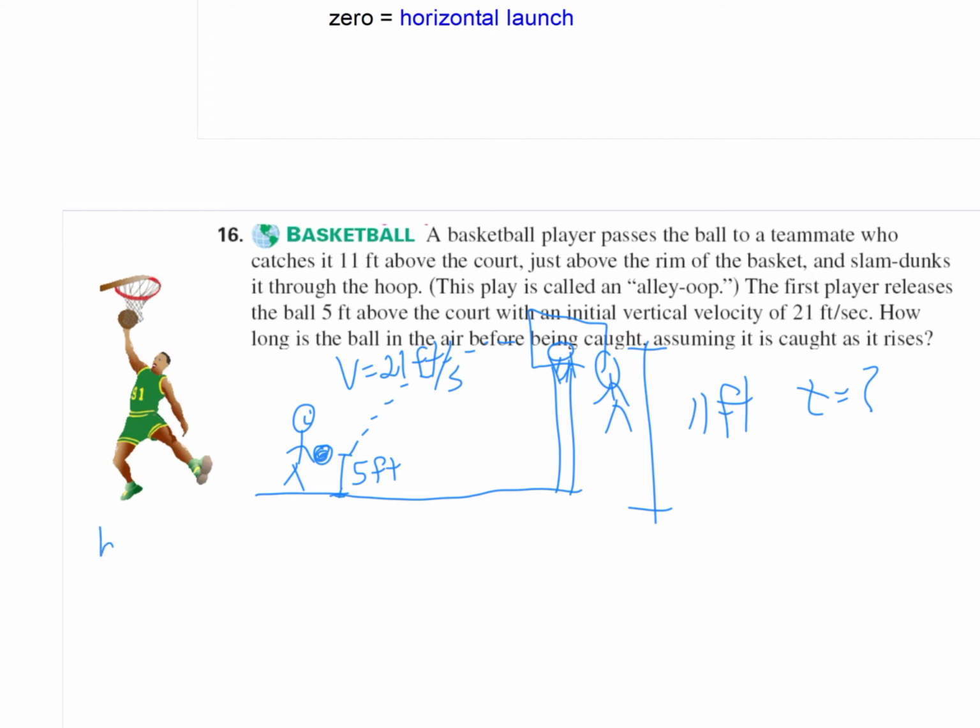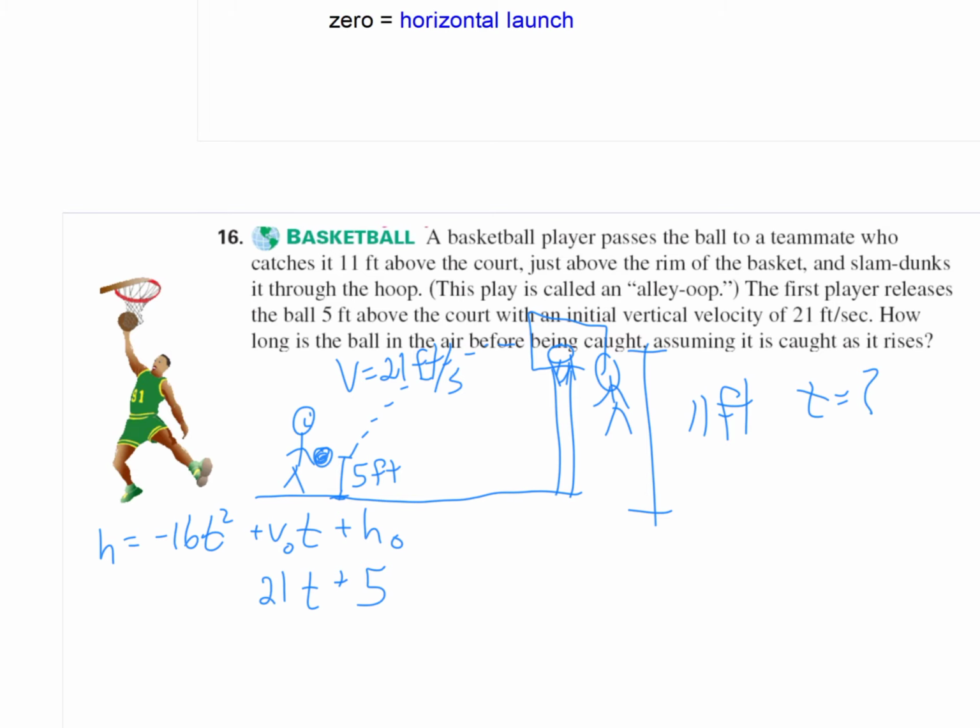So here we go. It is thrown, so h equals negative 16 t squared plus v naught times t plus h naught. The initial height is 5 feet, the ball started at 5 feet. T is what we're trying to find. The velocity is 21 feet per second, and it's plus because it's going up. Then negative 16 t squared.